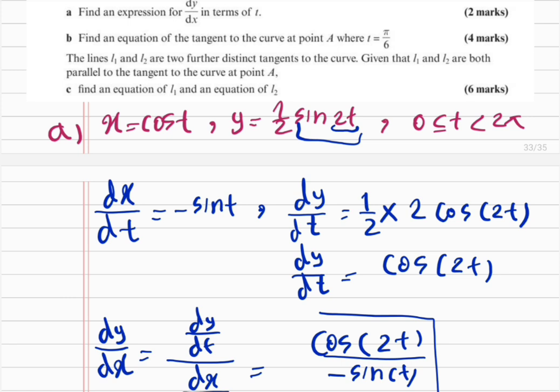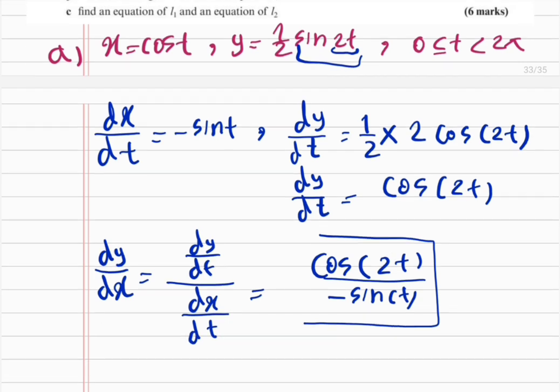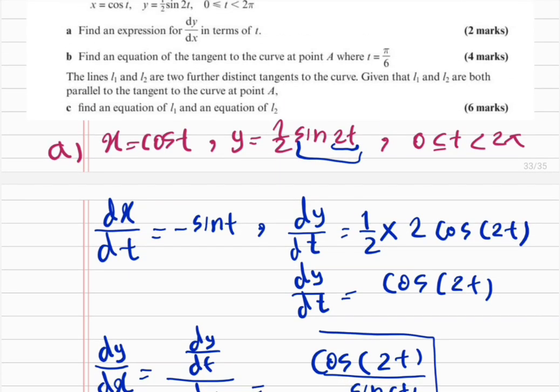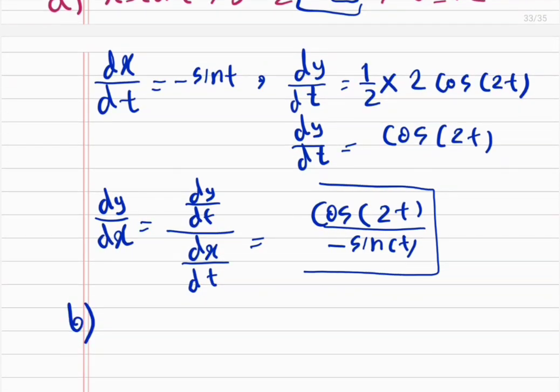So in this case, we can first find the gradient at point A, and in order to find the gradient, we just need to substitute the value of t into the expression of dy/dx.